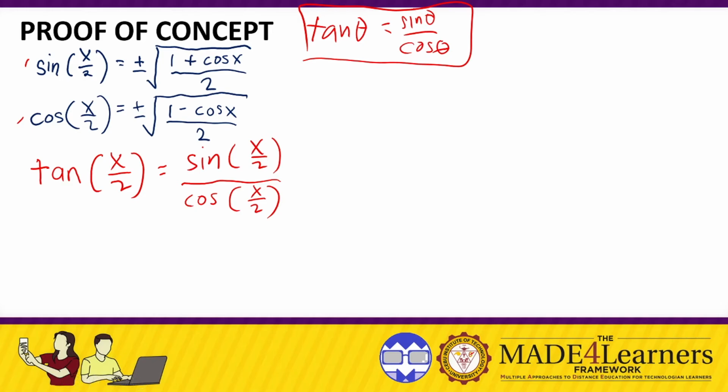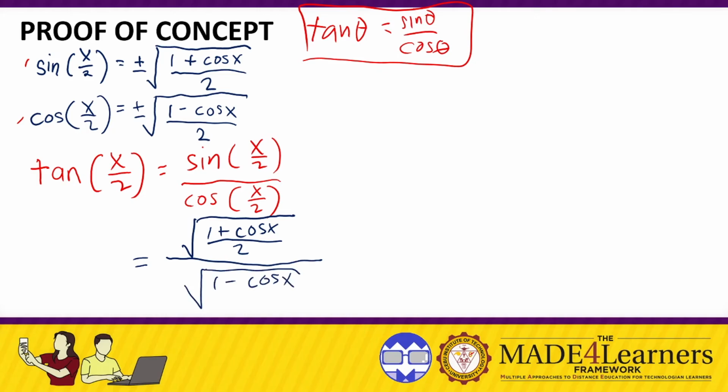So if we continue this, substitute, so regardless of positive and negative, let's just assume it's positive. So we have square root of 1 minus cos x over 2 all over square root of, so our cosine is 1 plus cos x over 2.